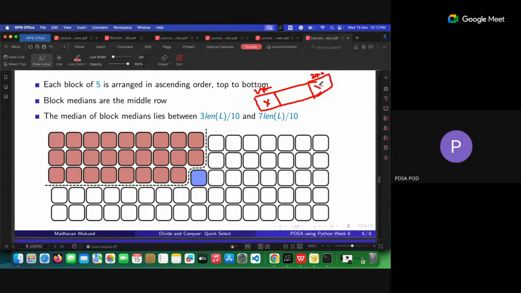This part is avoided, this part is avoided. They compare, and the median of the block medians lies between this particular part only. Whatever this brown colored part is, only in this part can you find it.